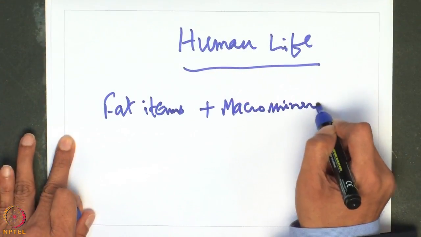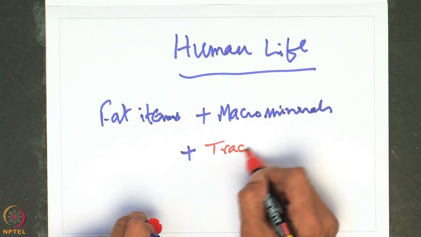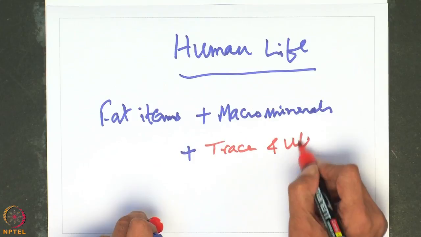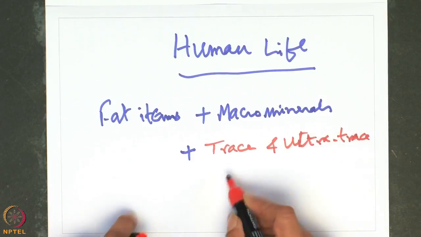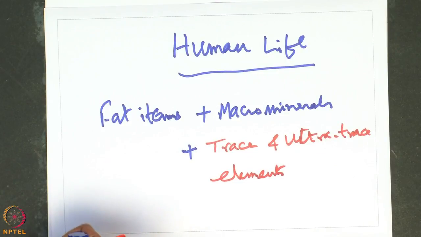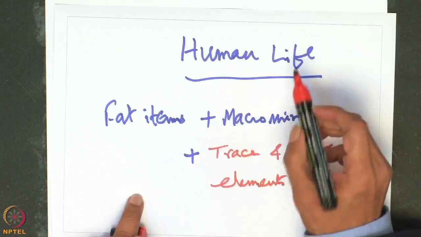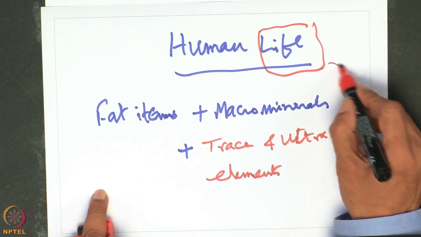So, I would like to define human life in the following way. Fat items plus macrominerals plus, I will write in a different color this one, the trace and ultra trace elements. So, the human life, if you are emphasizing on the term life, that life comes only when you add these.